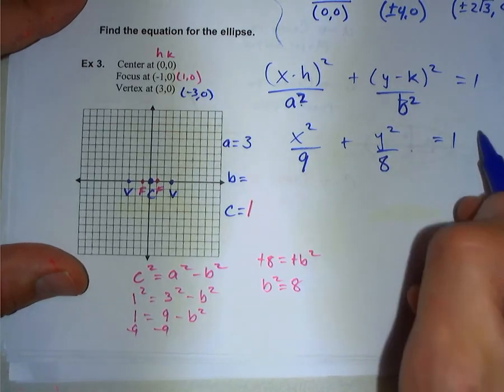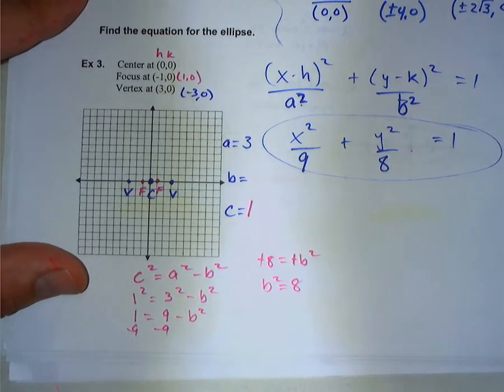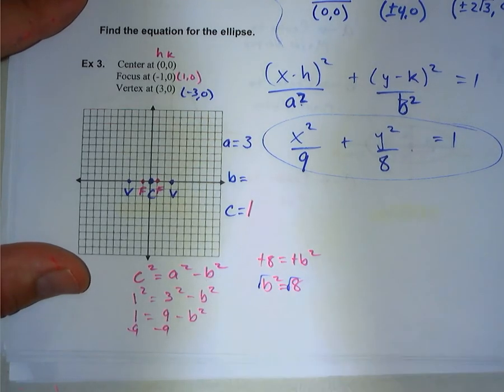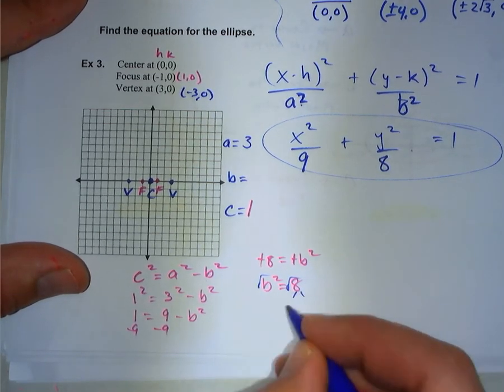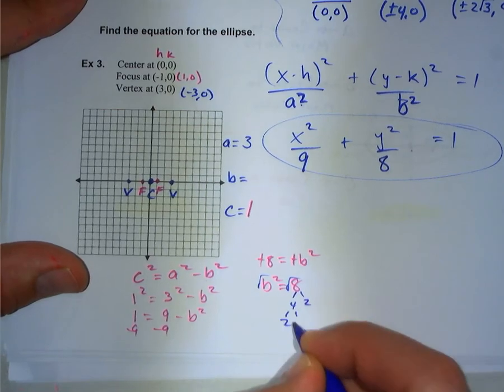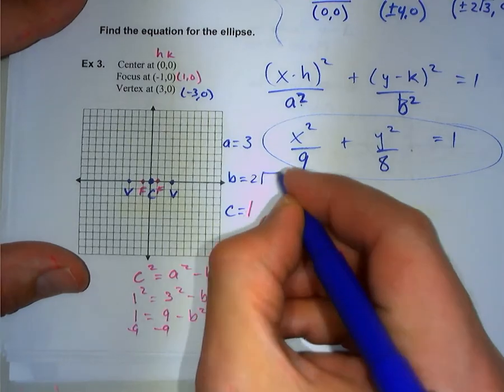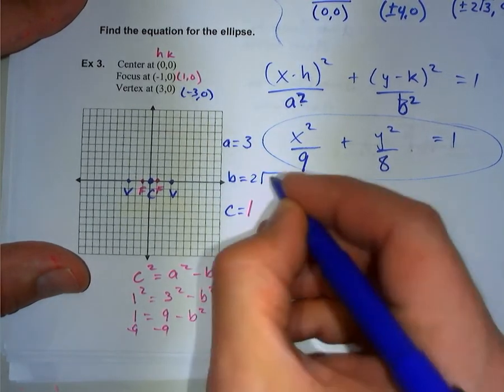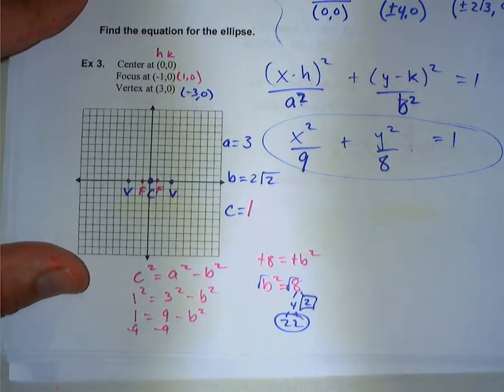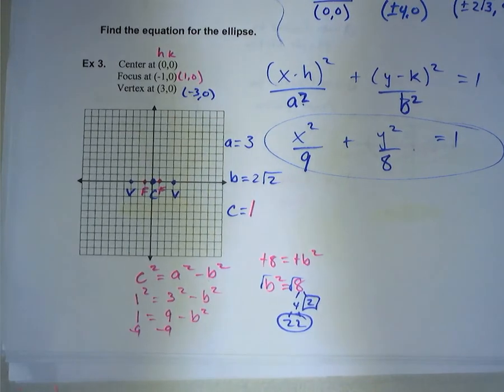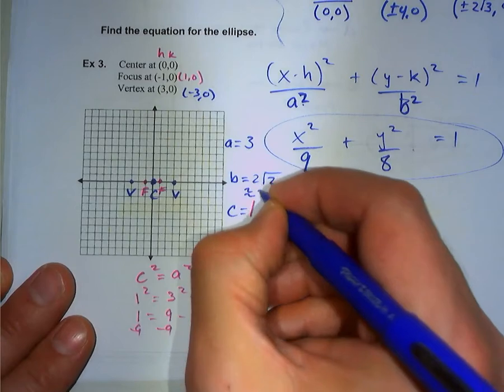So I have my equation. The last thing I'd want to do is finish up graphing this. So again, square root this guy. Break it down: 4 and 2, 2 and 2. I've got a pair of 2's. The square root of 4 is 2, and this 2 is left on the inside. The square root of 8 is 2.8-ish, approximately.